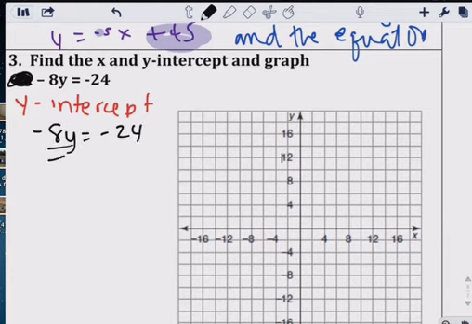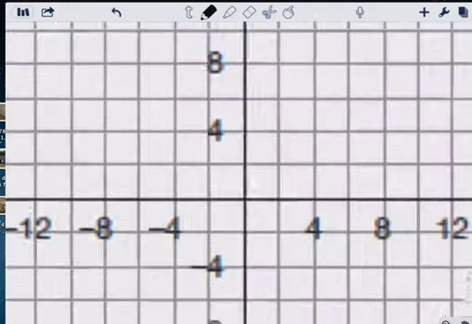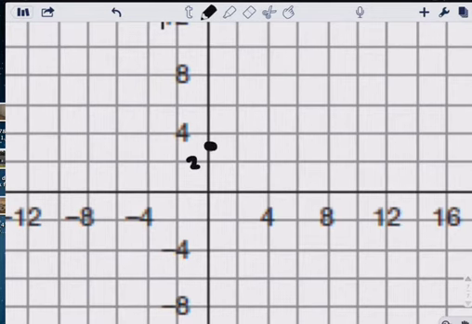Divide by -8. Y-intercept is at 3. 2, 3, right here.